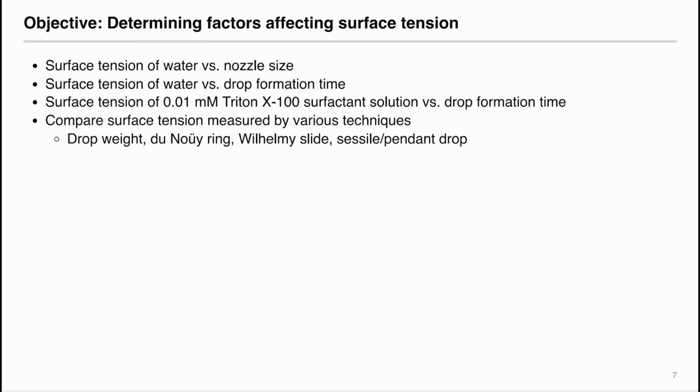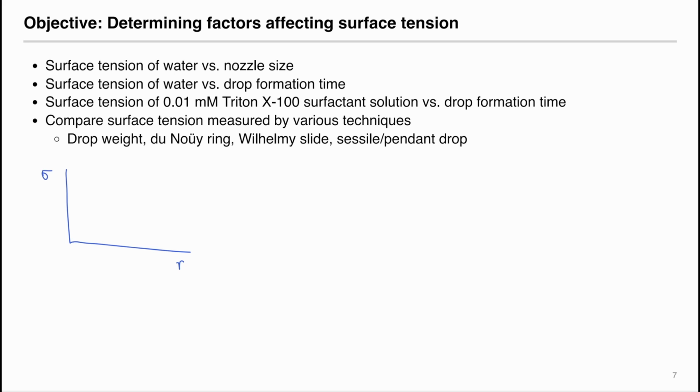Another small objective of this experiment, we can explore the surface tension of water with respect to the nozzle size. So we're plotting the surface tension of water with respect to the nozzle size r, or the radius. Think about how the surface tension would relate to the nozzle size, the method of measurement.